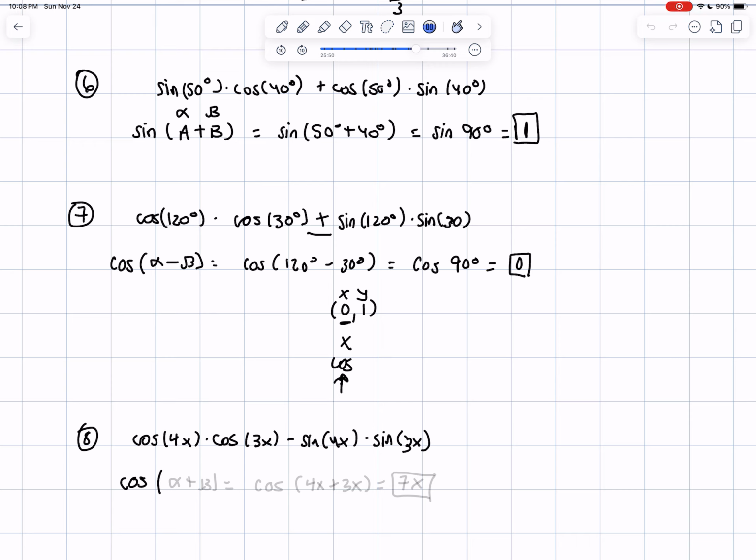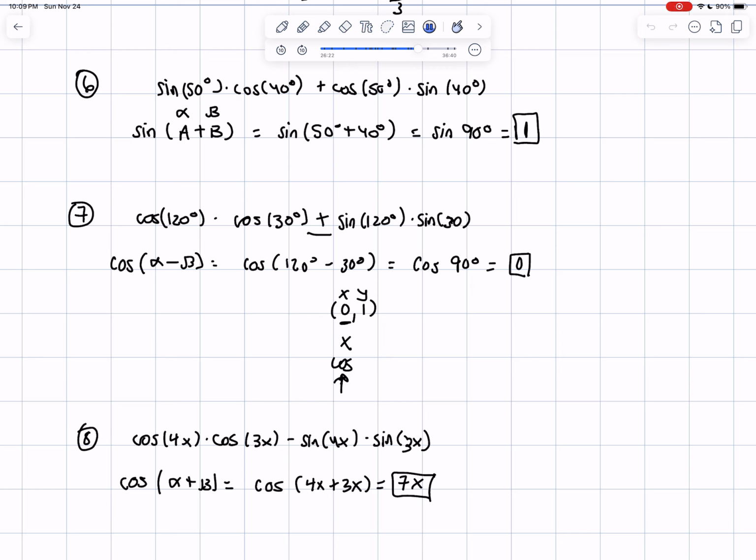We have minus, so that means alpha plus beta is going to be a positive result. That means it's going to be cosine of 4x plus 3x, which gives us cosine of 7x. Those are pretty simple. So this is how you solve equations for 7.2.